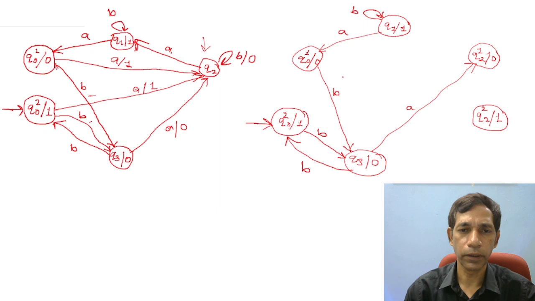Other incoming edges produce the output 1. So 1 is coming from the first copy of Q0.